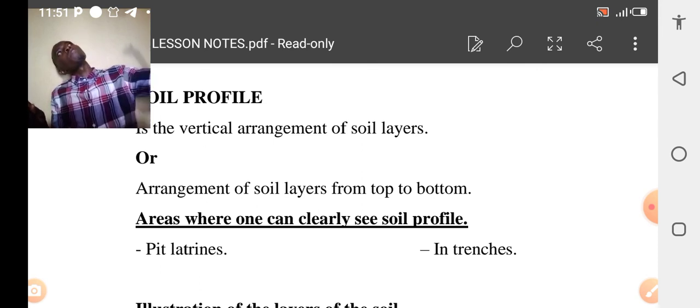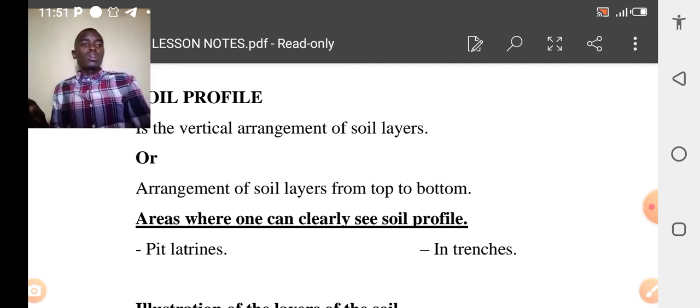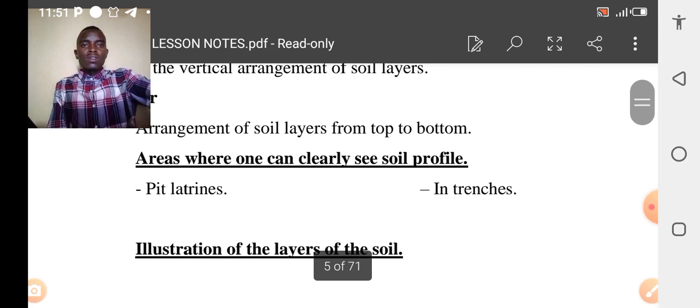From the top we have loam soil at the first, at the second we have clay soil, and deep we have sandy soil. An area where one can clearly see a soil profile is pit latrines or trenches.